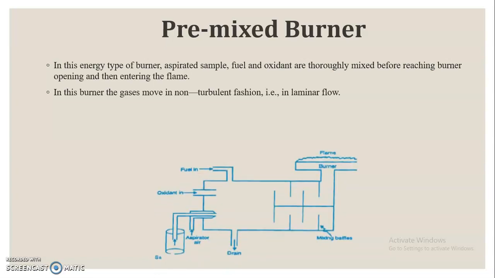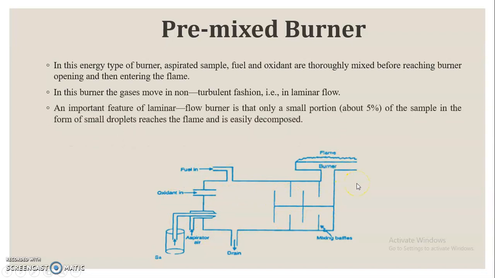Here you can see a typical diagram of the premixed burner, where first the sample is aspirated into this particular chamber, where the oxidant and fuel are also aspirated. With the help of these choppers, they will be mixed, and once these components are mixed, they will be introduced to the flame. So that's why these burners are known as premixed burners.